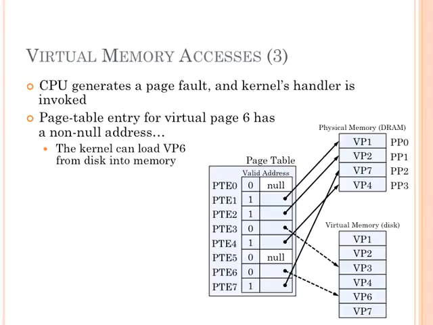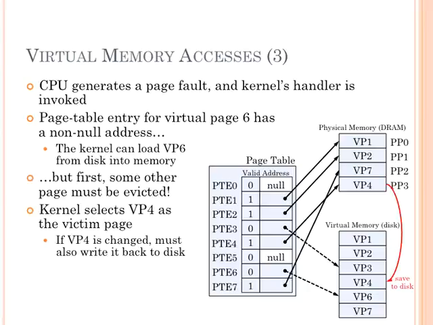And obviously that can be challenging too, because what if that victim is dirty? Well, then we need to write it back to its corresponding place in the virtual memory stored on disk. So we need to go through this whole process. Why did it choose virtual page 4? I don't know. It just did. Okay, we just chose one. So virtual page 4, my favorite eviction policy is random because it's easy to implement. So you just randomly pick someone. You go.